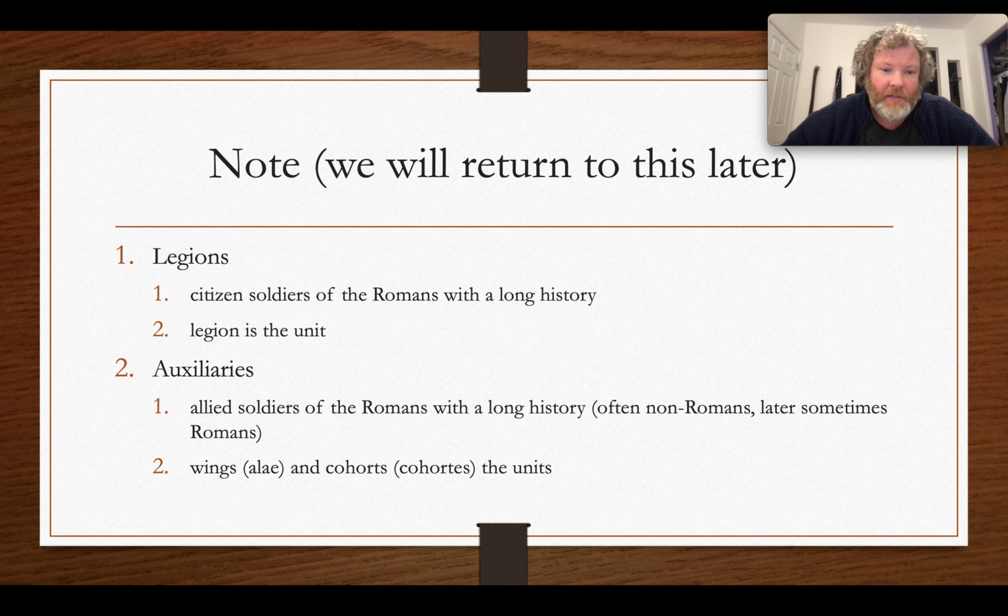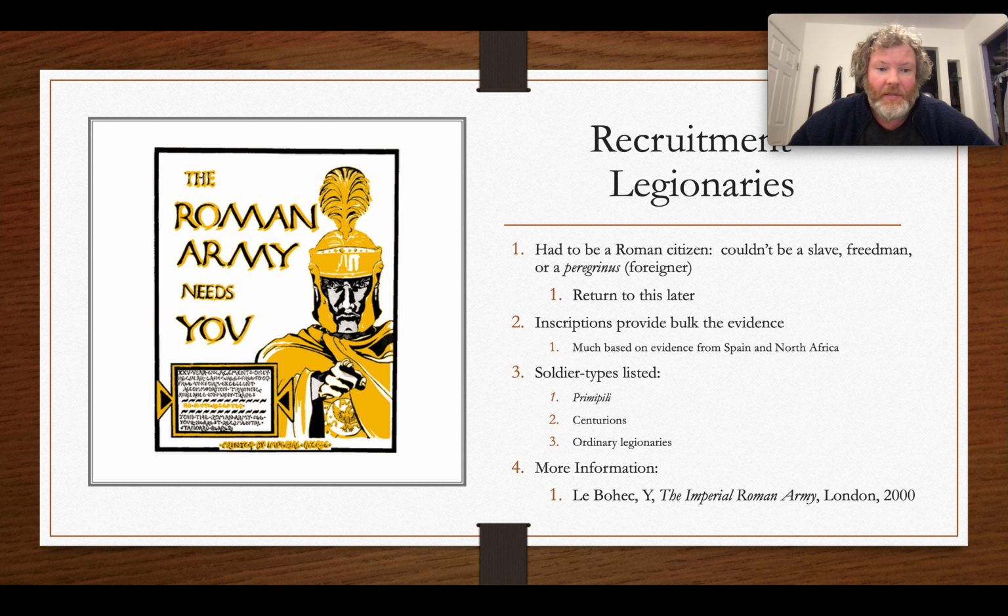The legions are the citizen soldiers of the Roman army, and a legion is 1 unit. Auxiliaries are allied soldiers of the Romans with a long history, often non-Romans, not always. And there are wings, ala, and cohortes, the units. Now, in order to be a legionary soldier, not legionnaire, which is for the French and other more recent militaries, you had to be a Roman citizen.